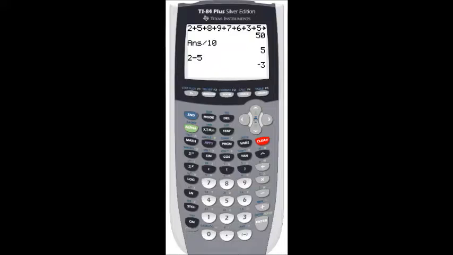Alright, so your calculator will allow you to add all these numbers at one time. So I'm just going to add them all up first. That's the first thing I'm going to do. So 3 plus 0 plus 3 plus 4 plus 2 plus 1 plus 2 plus 0 plus 4 plus 1.